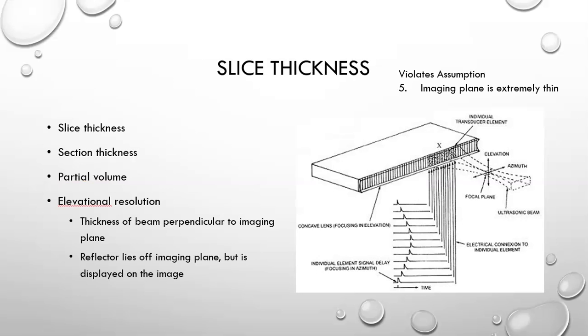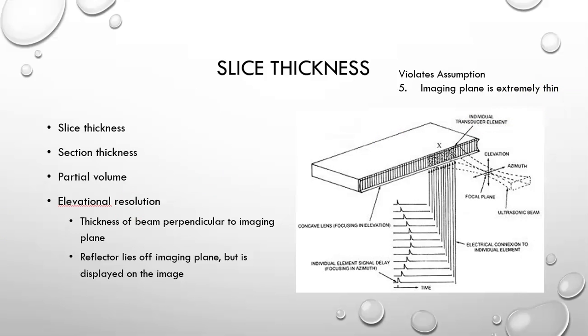A slice thickness artifact is a type of spatial resolution artifact, and this is what we often call a partial volume or section thickness artifact. This is where the elevational resolution is too large, and so reflectors that are either in front of or behind our transducer plane are displayed in the image itself, and this violates assumption number 5 that an imaging plane is extremely thin.